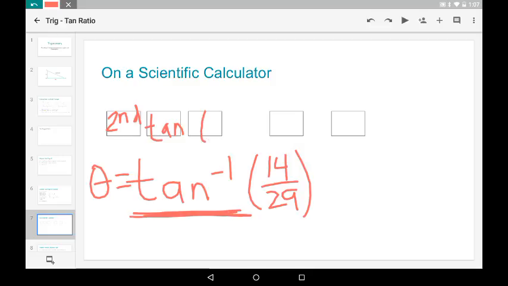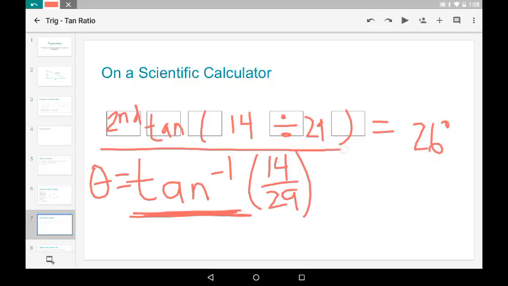Then you put your others in brackets. So bracket 14 divided by 29, close your bracket, hit equals, and that's where you should see your answer, which rounded gave us 26 degrees. Okay, so this is the important part to know here: how to do this on a calculator.